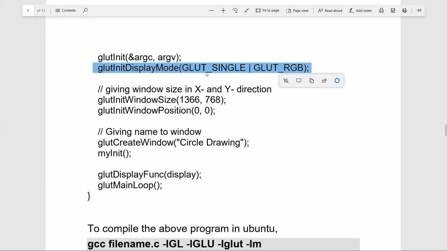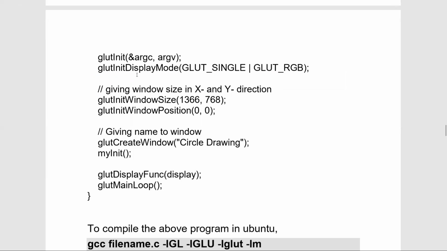The parameters are GLUT_SINGLE, and the other parameter which is ORed is GLUT_RGB. The parameter single talks about single buffering being available, and the display mode is using the RGB color mode.